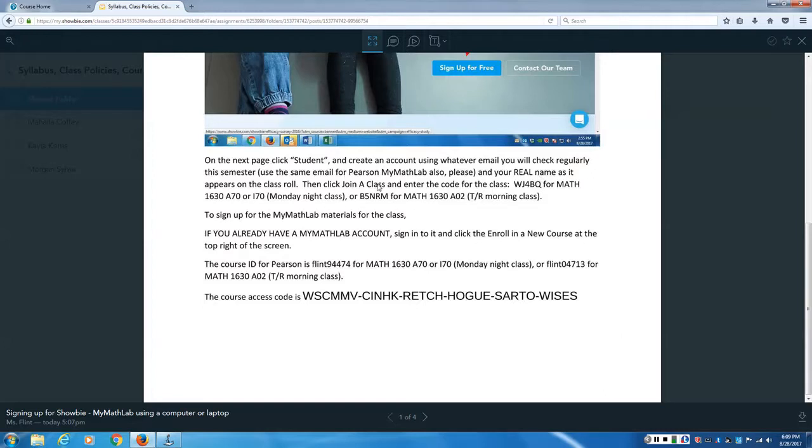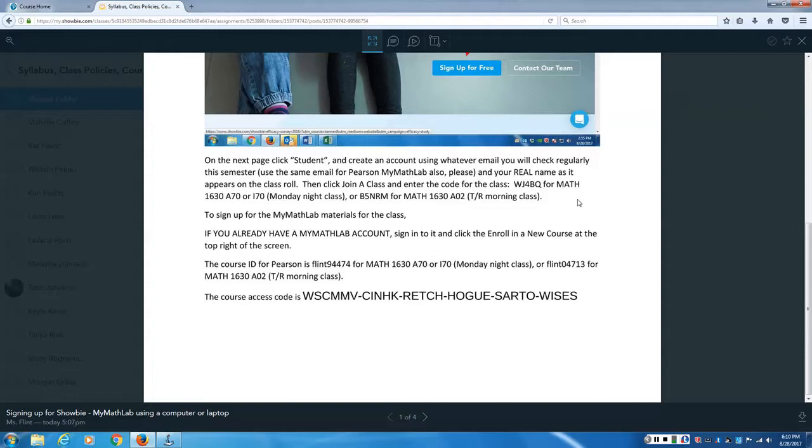So then you click join a class and enter the code for the class, which is WJ4BQ. You don't have to do the all caps, it'll capitalize for you.